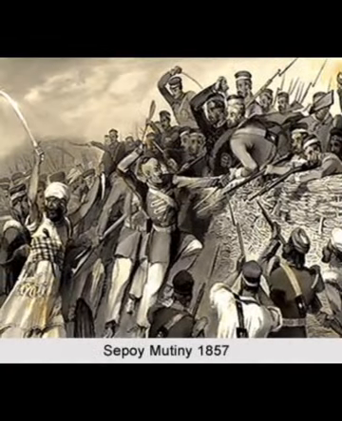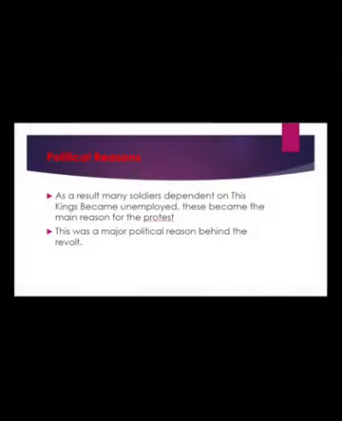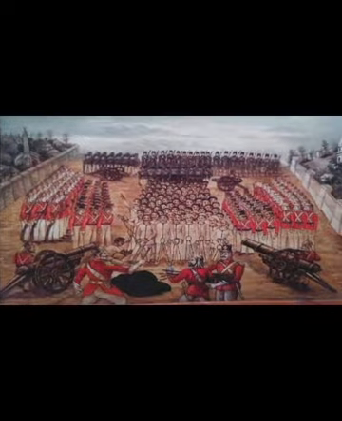Dalhousie abolished the kingships of Tanjavur and Carnatic Nawabs, and the British also dethroned Mughal kings and many other kings. As a result, many soldiers who depended on these kings became unemployed. This became the main reason for the protest against the British, and a major political reason behind the revolt.